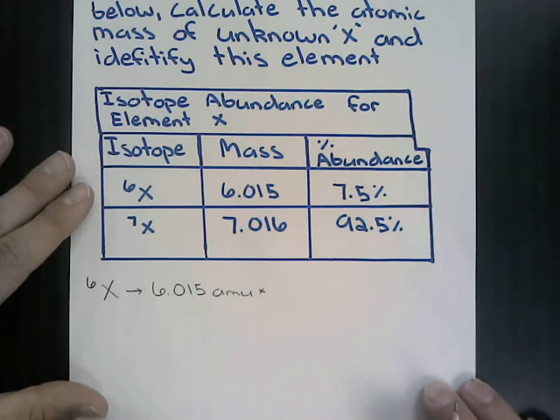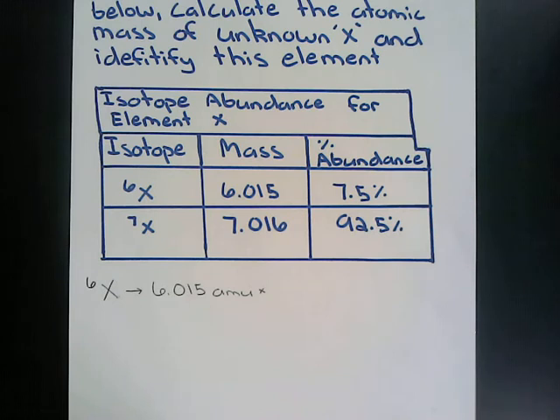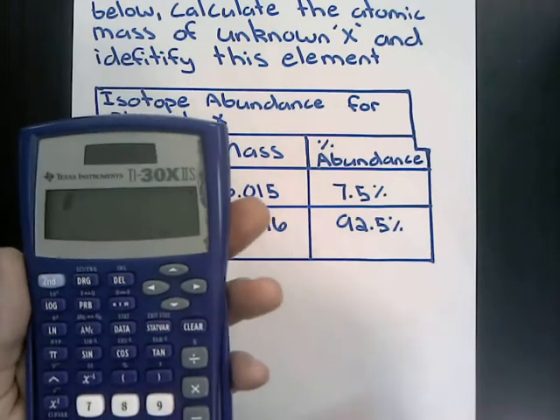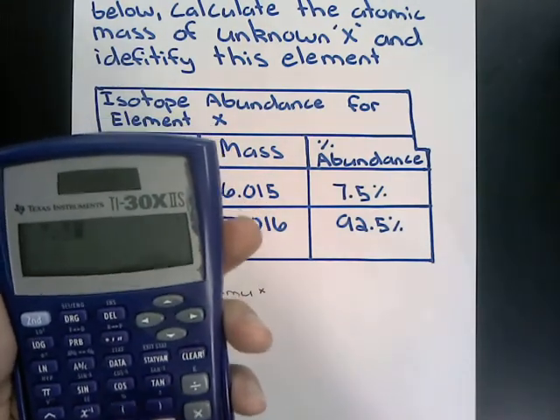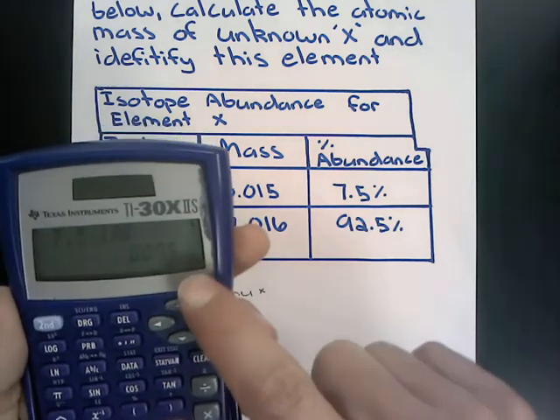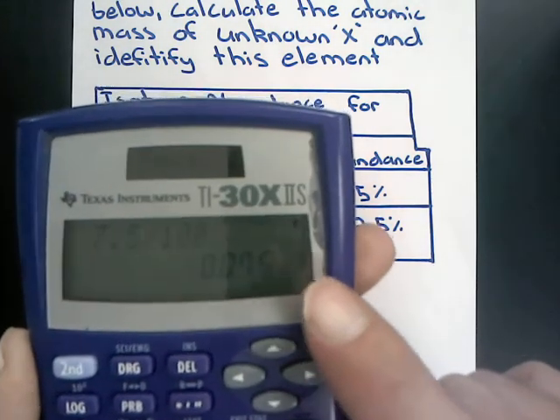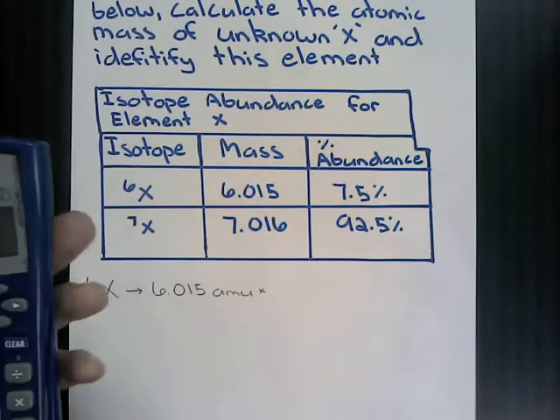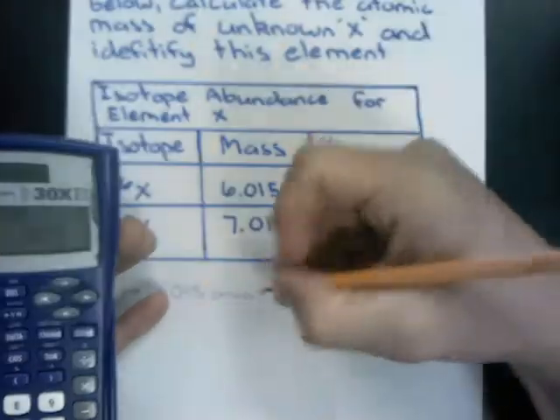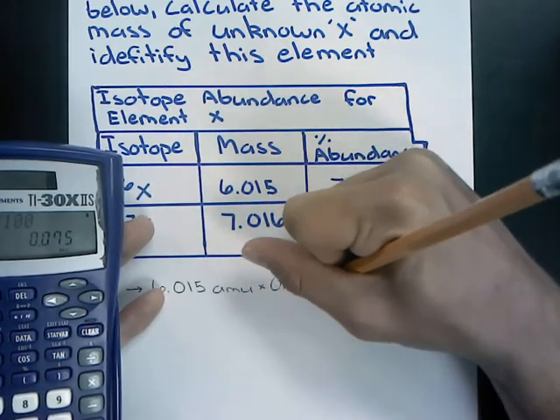Now, this right here is a percent abundance. So for anything that is in a percent, you take 7.5, or whatever that number is, and you divide it by 100, and that becomes your decimal form. You need to make sure that this is in decimal form. So 7.5% becomes the decimal 0.075.